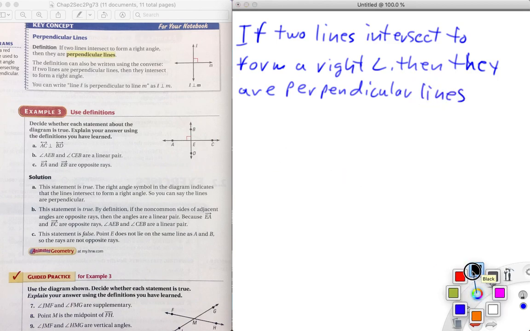We can also write the converse, and the converse is also true in this statement.